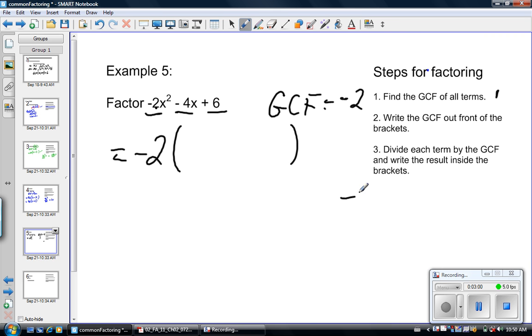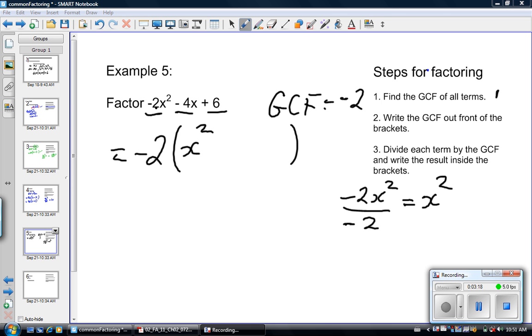Minus 2x squared divided by minus 2 is equal to just x squared. So we'll write x squared here. And notice this new term is not going to have a negative at the very beginning inside the brackets. Now to continue, we're going to take minus 4x and divide it by minus 2.